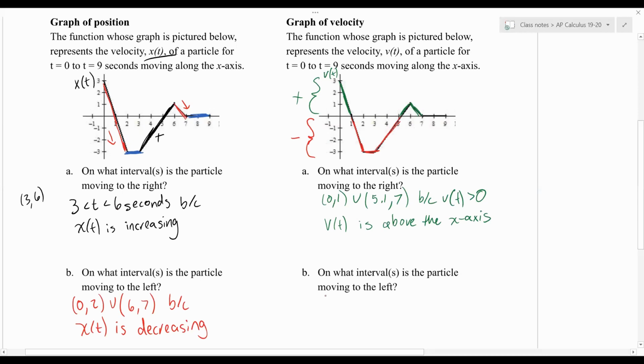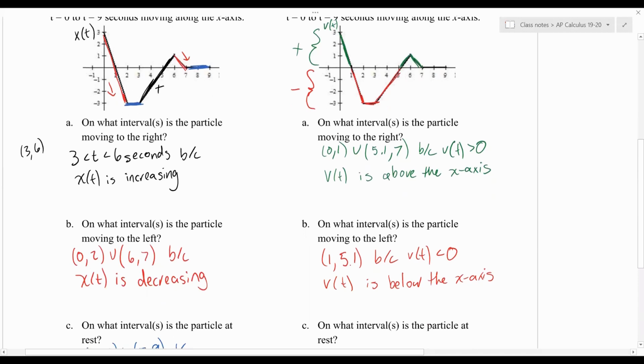So we're going to say from 1 to 5.1, because v of t is negative. Or you can say v of t is below the x-axis.